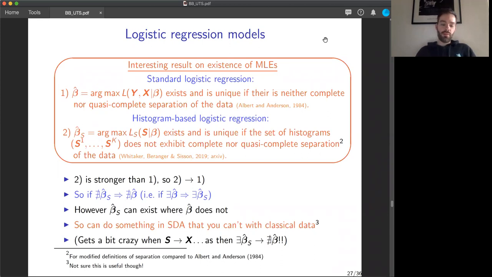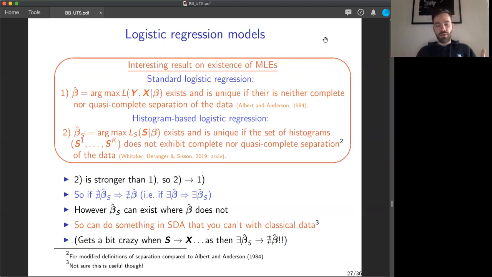But there are some cases where the symbolic one exists, but that does not imply that the classical one exists. So there might be possibilities where we could use the symbolic version, SDA, when we can't actually use the classical data.